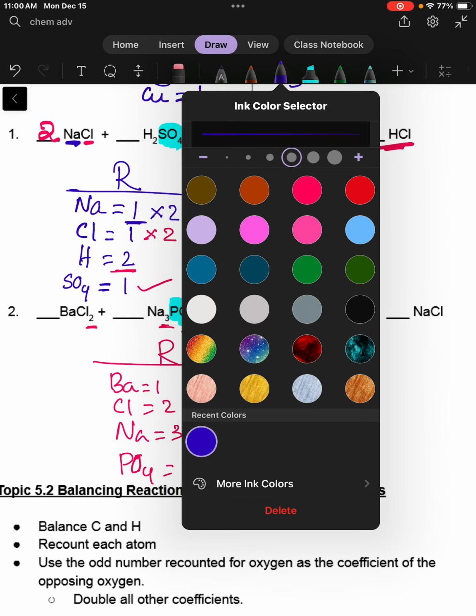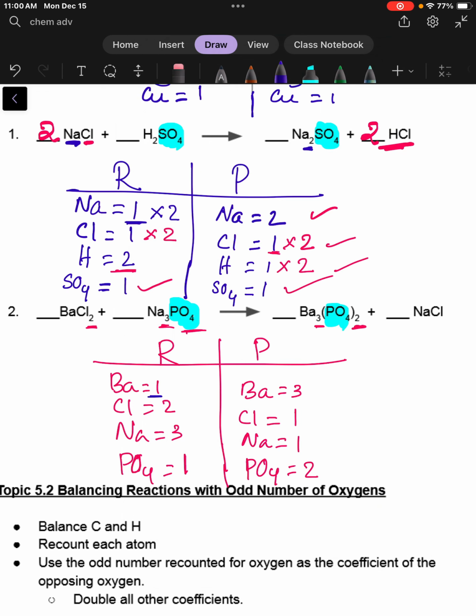Okay, so I am going to balance barium first. Barium is 1 here, 3 here on the right hand side, on the left hand side I need 3 more, so I'm going to multiply this one, that is the invisible one there, with the 3. Okay, since chlorine is connected to that, chlorine changed into what? 3 times 2, it is 6.